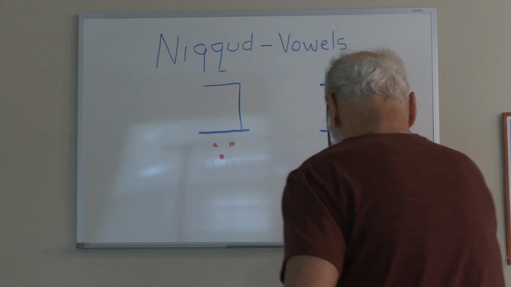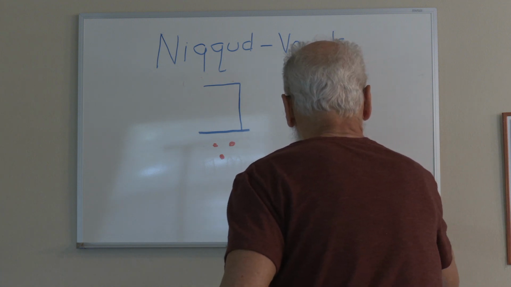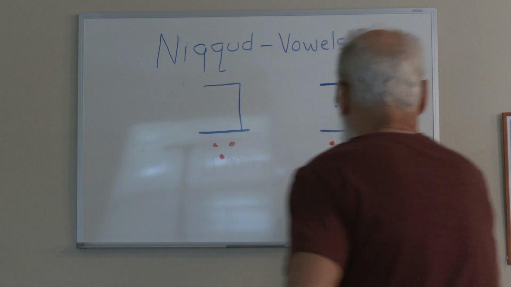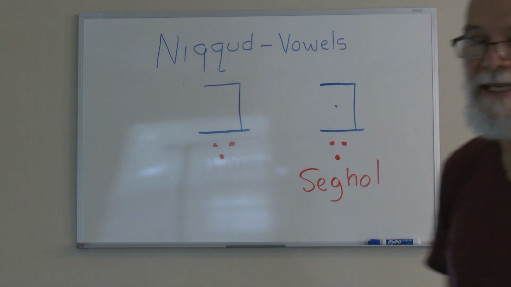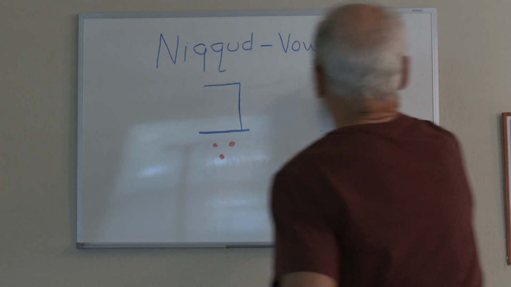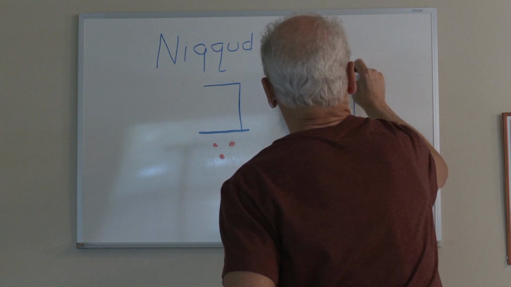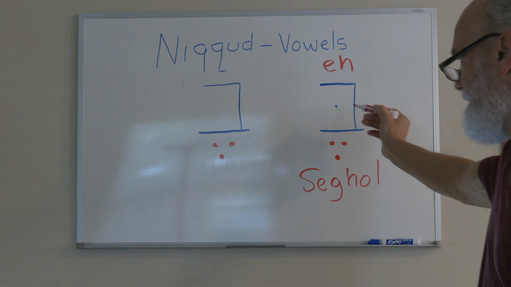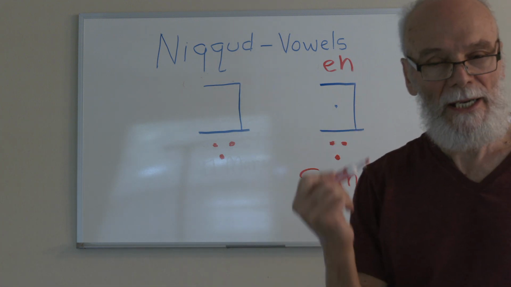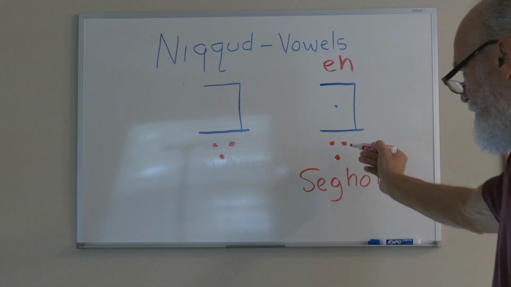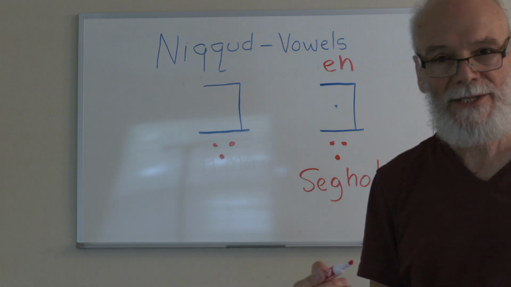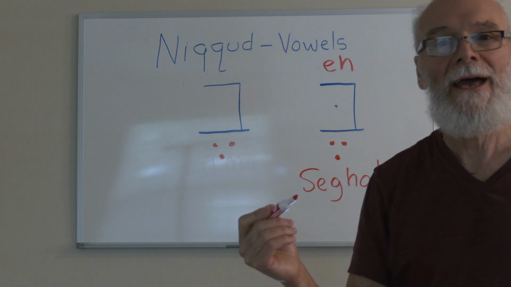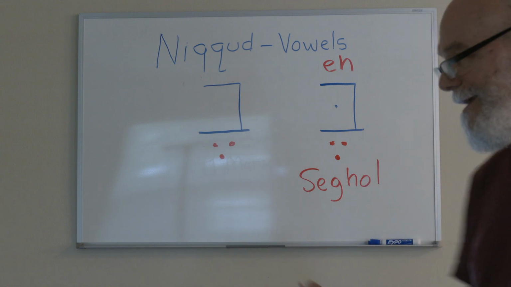Okay. A segol. And it makes an eh sound. Eh. So with the bet, with the dagesh, is a hard b sound, b, with the segol, eh sound, so it's a be, okay?